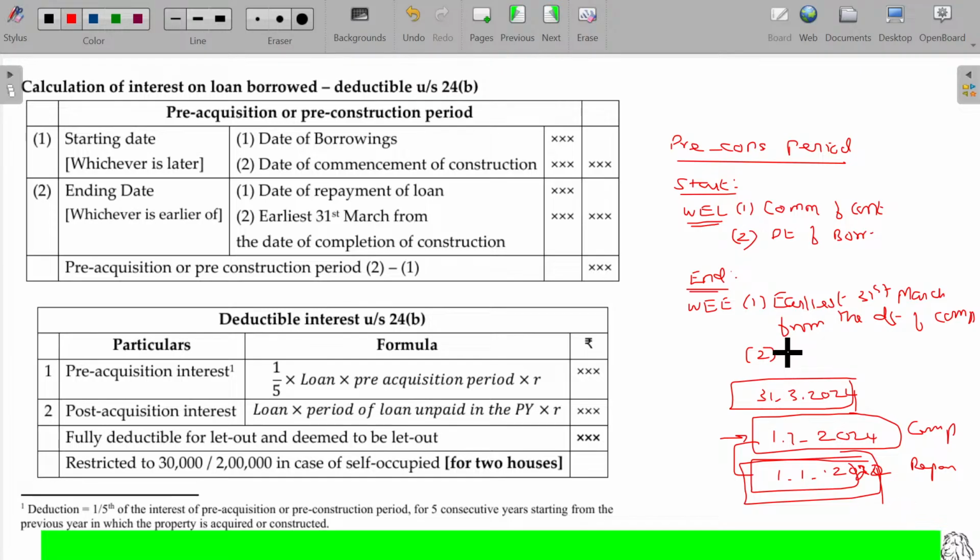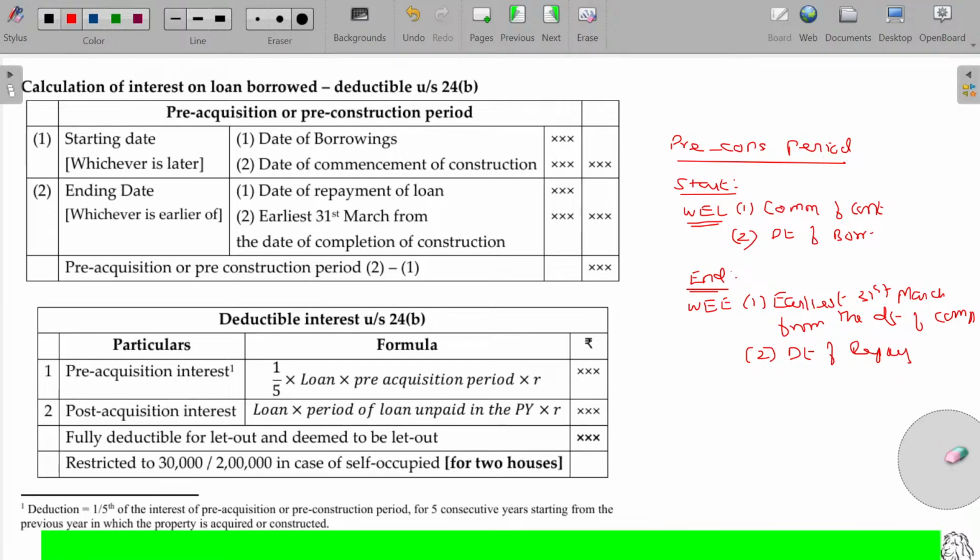Second point being date of repayment. So this is most important to determine what is the pre-construction period. Pre-construction period starting and ending date you have to find out. Now find out the interest payable for this period that can be amortized over 5 years period.